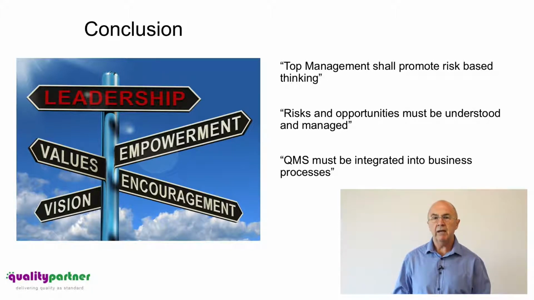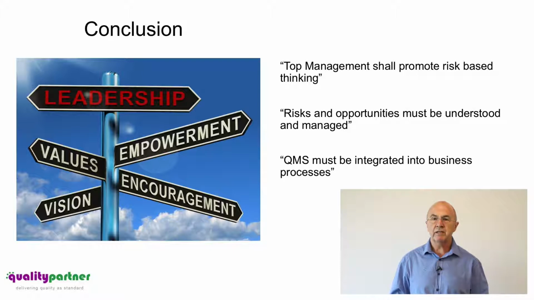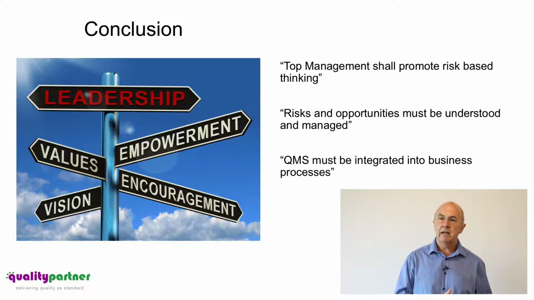And finally, the quality management system must be fully integrated into the organisation business processes. If you can address these three key requirements and it's led by top management, this will give a significant lead into making a successful transition to ISO 9001-2015 and IATF 16949-2016.